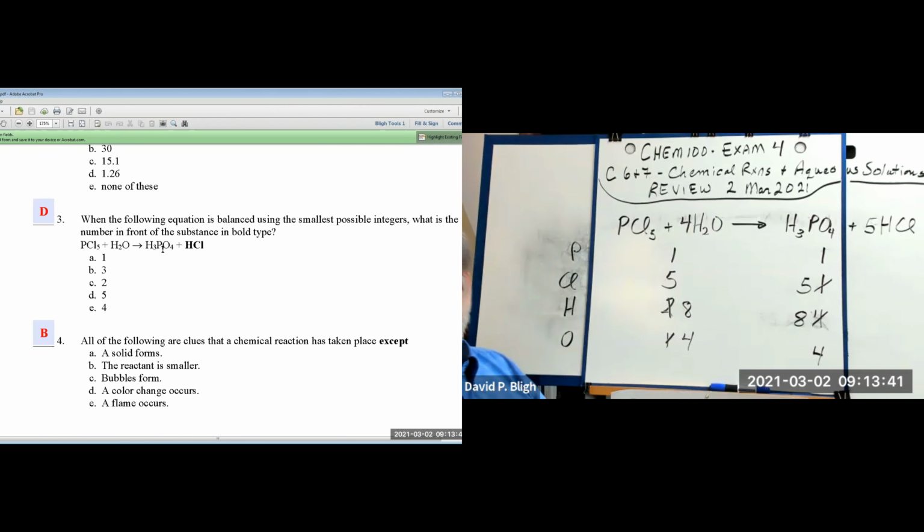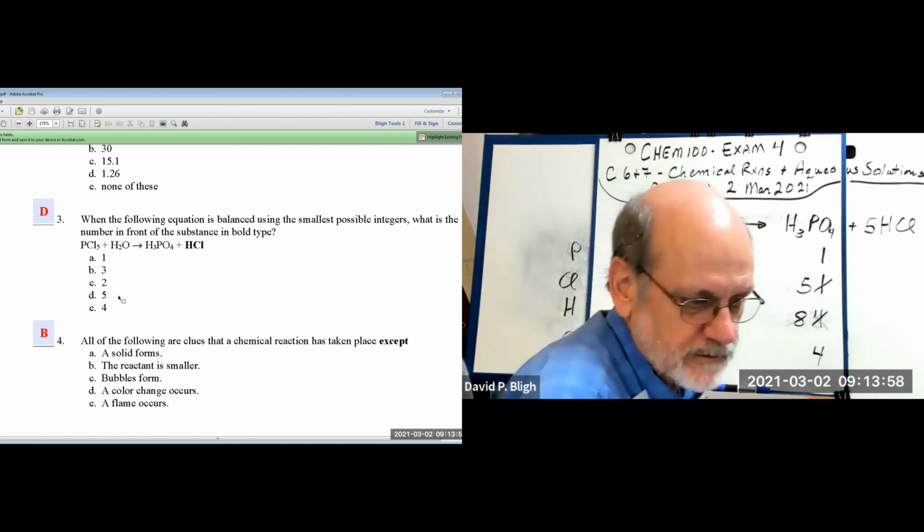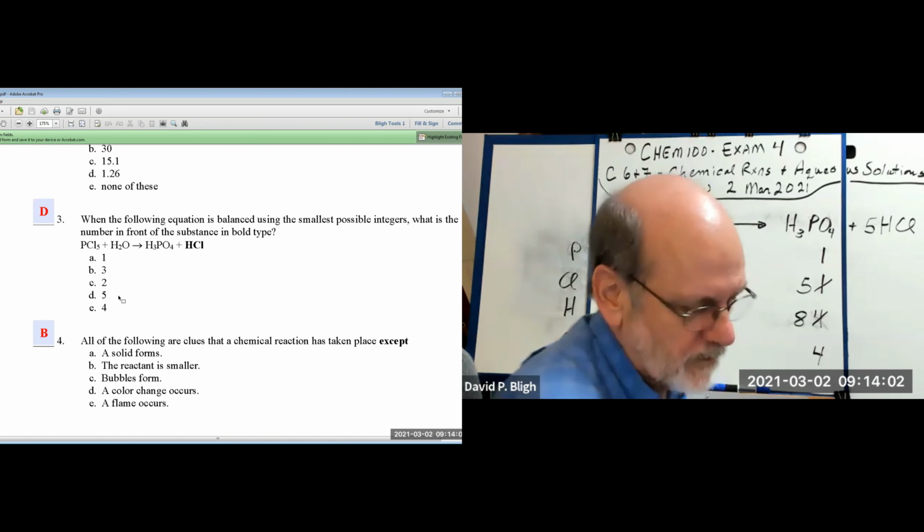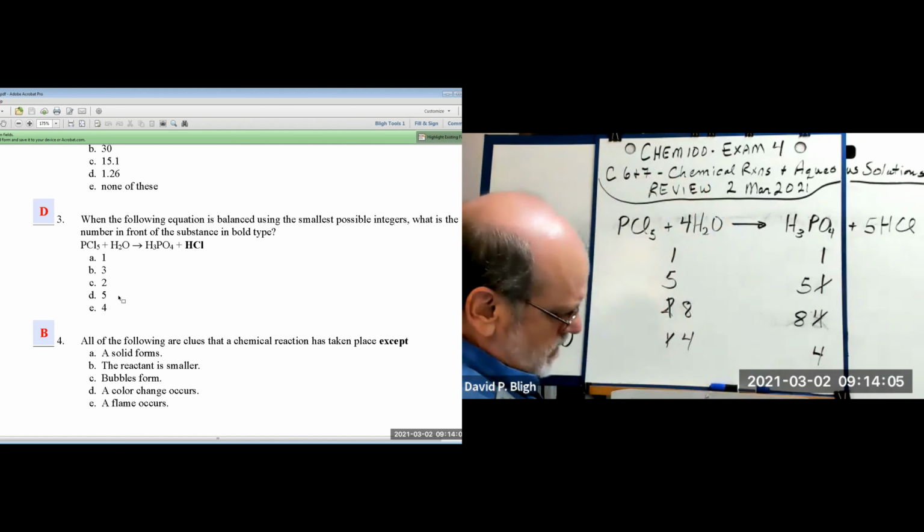And as luck would have it, we're balanced. 1, 5, 8, 4. Now to answer the question, what's the coefficient in front of hydrochloric acid? Well, it's 5. Right? D, 5 is the answer to that one. Okay.